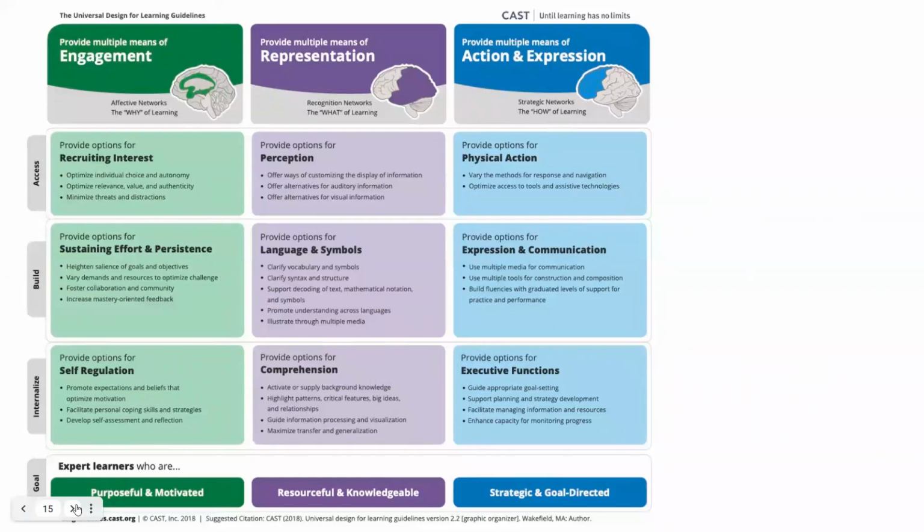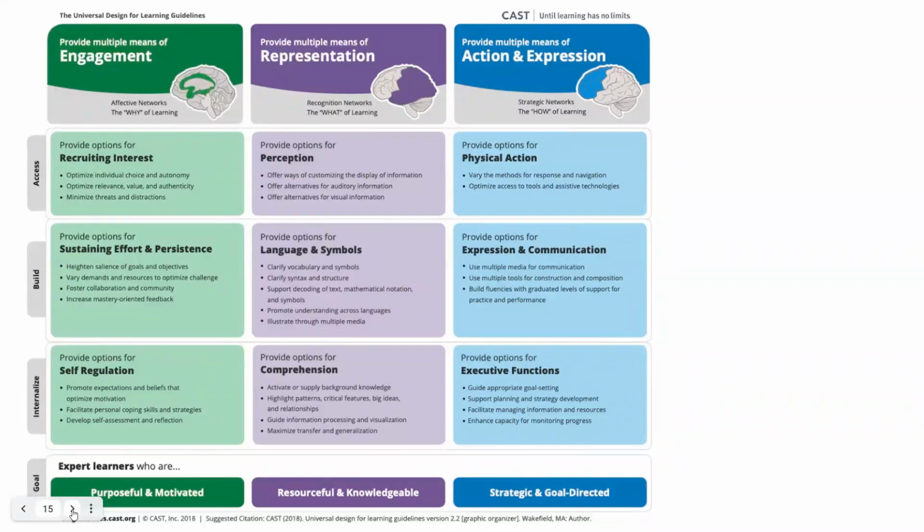So thinking about different forms of materials in terms of what it allows students in relation to engagement, representation, and then action and expression is another framework for helping us to maximize choice, which, as I said, can sometimes be a slightly dangerous thing if students are not making well-rounded choices.